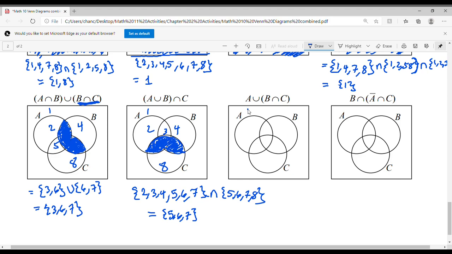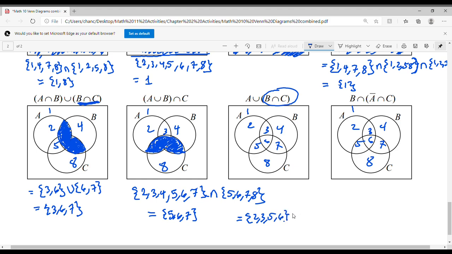For this example, do the same thing. Label the regions. And if you have time, pause the video. Try the questions on your own. A union B intersect C. So I have to do the B intersect C part first, and then we'll union that with A. So for region A, we have 2, 3, 5, 6.